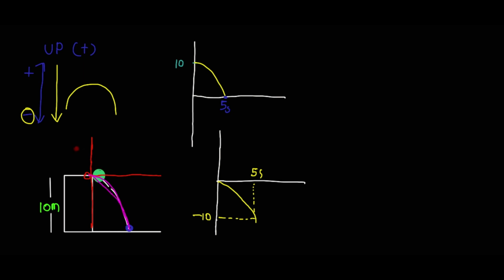And because your upwards is positive, this means your downwards is negative. That is why our displacement is -10, because it comes fast, and then it comes fast negative because of the direction.